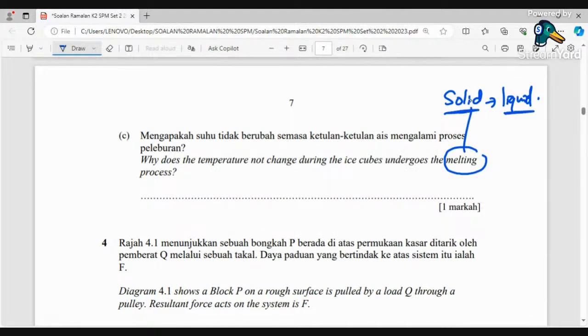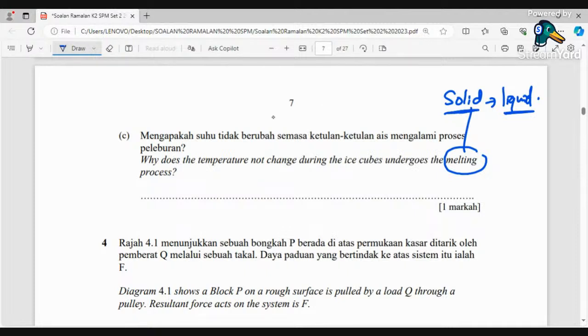So in order the solid to change to liquid, the force between the molecule of solid need to be weakened. Okay, so means there is work done required for that. So the heat energy absorbed all will be used to weaken the bonds between molecule of solid. That's the reason the kinetic energy not increase. So when kinetic energy not increase, temperature will be constant.